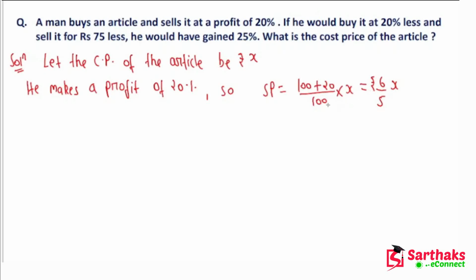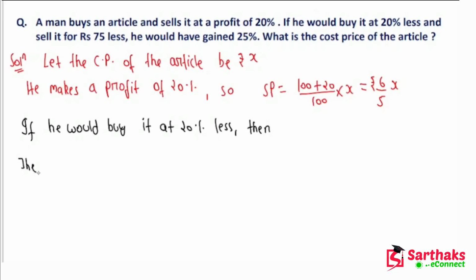Okay, so selling price of the article when he purchased it at the normal X rupees cost was 6 by 5 of X. Now the question further says if he would buy it at 20% less. Okay, so let us write that condition also. If he would buy it at 20% less, then the new CP is what?